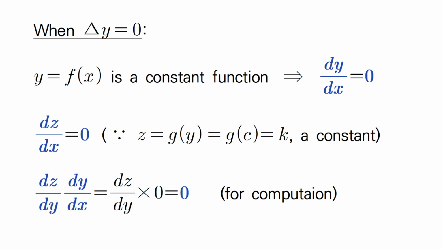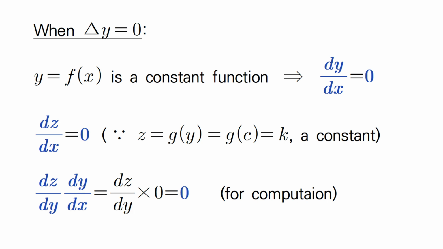Now, let's calculate the product of dz/dy and dy/dx when delta y is 0. Technically, dz/dy is not defined when delta y is 0. However, we can still express it algebraically. Since dy/dx is 0, as we saw earlier, the product of dz/dy and dy/dx becomes 0 algebraically.